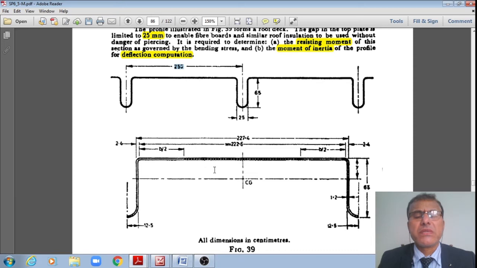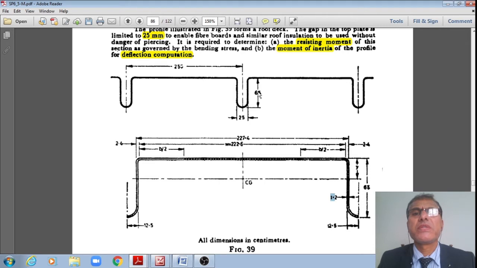Therefore, once we see the section profile, student, the flange width is 25, therefore half of that is equal to 12.5 on either side. Its thickness is equal to 1.2, and its depth is equal to 65.